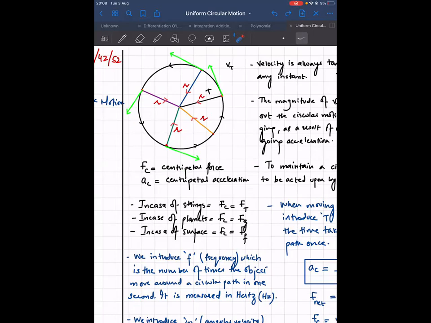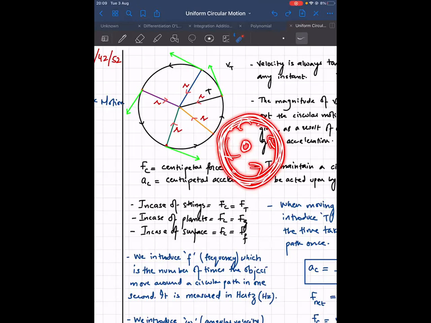In case of planets, you have the sun here and the planets moving around it in a circle. The sun has planets revolving around it in a circular motion. So what is it that keeps those planets moving in a circular motion around the sun? That's the centripetal force.